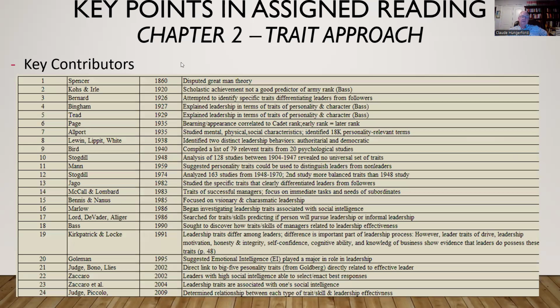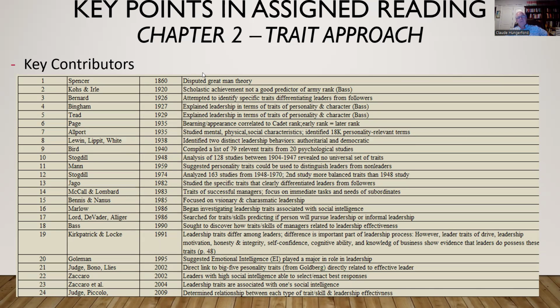We already sort of looked at this a little bit, but this gives you a bigger picture of all the different people that have contributed to the trait approach. You can see some of the initial works are way back in the 1800s, early 1900s, and you still have people actually contributing to this.